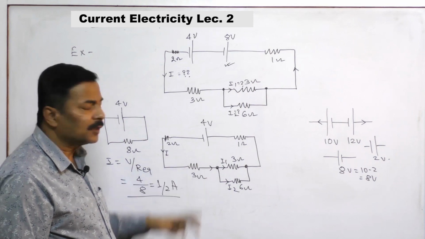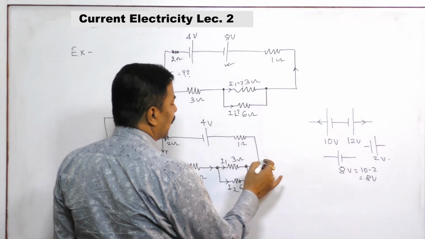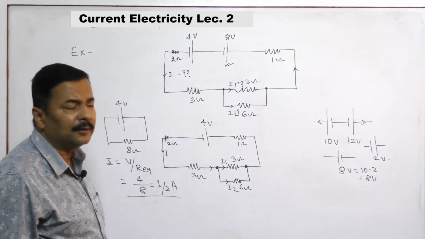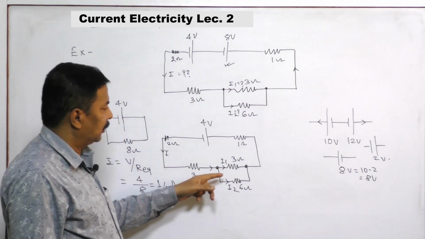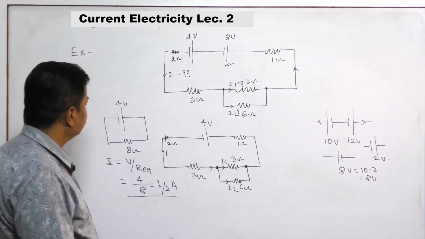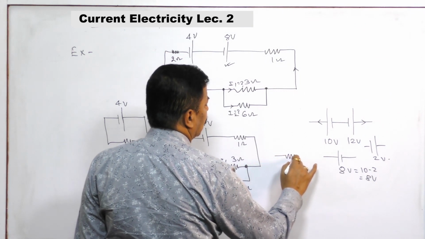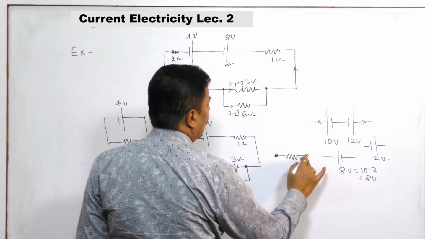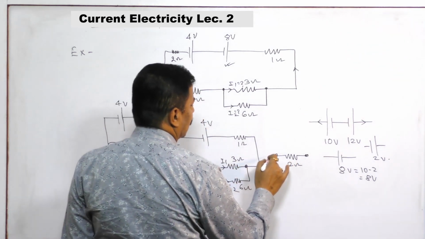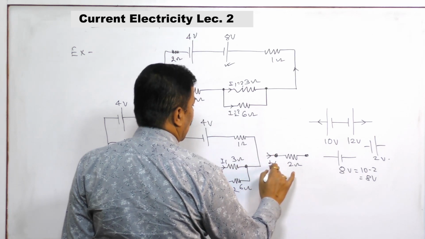If we consider the potential difference across this as V, these two resistances are in series parallel, so we can take them as 2 ohm and the current is 1/2 ampere.